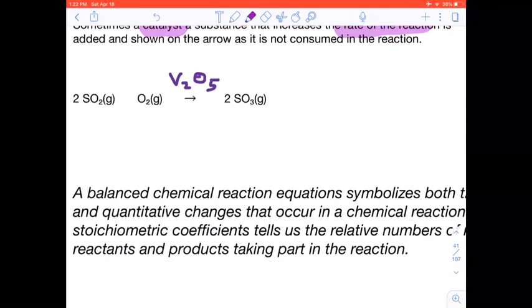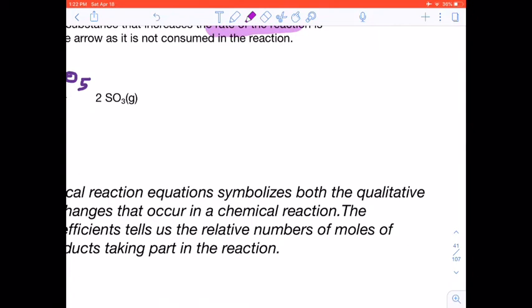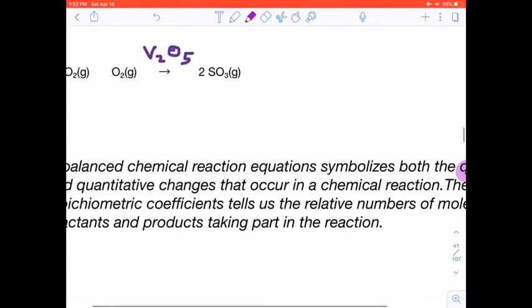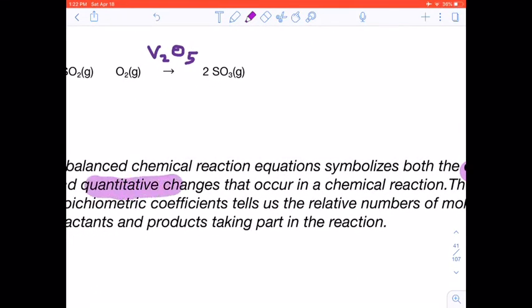So a balanced chemical reaction equation symbolizes both the qualitative and the quantitative changes that occur in a chemical reaction.